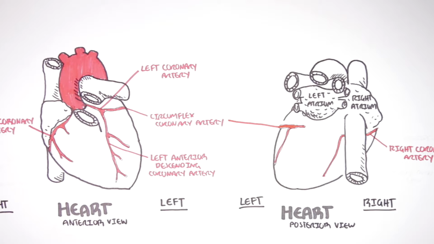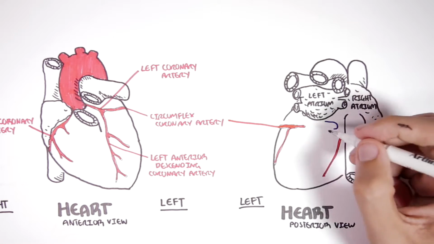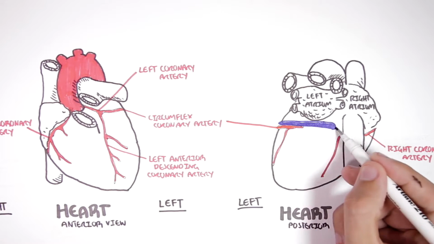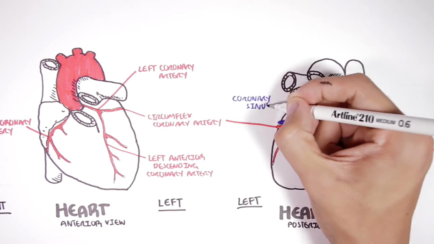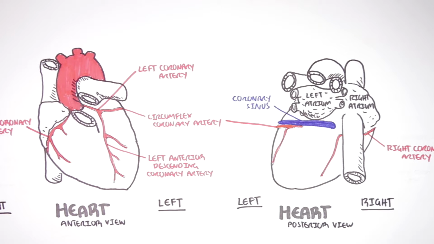Wherever there are arteries, there will always be veins. The veins will leave the cardiac muscle cells and will bring the deoxygenated blood back to the right atrium through the coronary sinus.